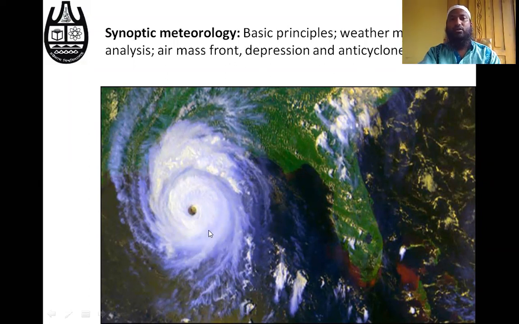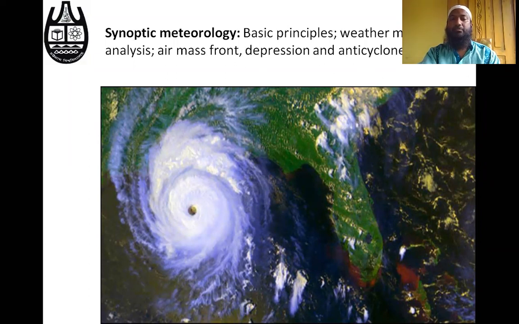That means one air mass having the same characteristics can cover the full area of Bangladesh. On the other hand, sometimes there are some small air masses which can give you different characteristics on local formations and local environmental factors.